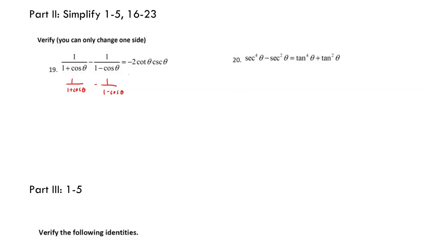And you want to always switch the side that is the messiest and clean it up, okay? And then make a common denominator, which is going to be the conjugate of each, 1 minus cosine of theta, and then 1 plus the cosine of theta and 1 plus the cosine of theta.